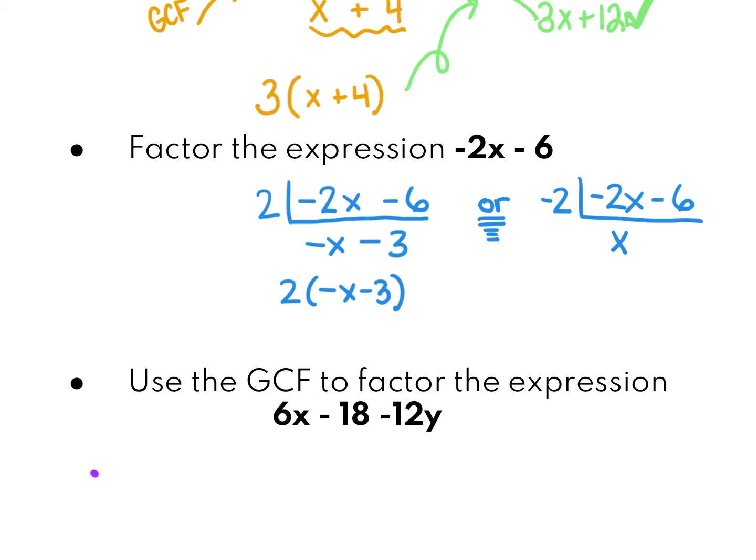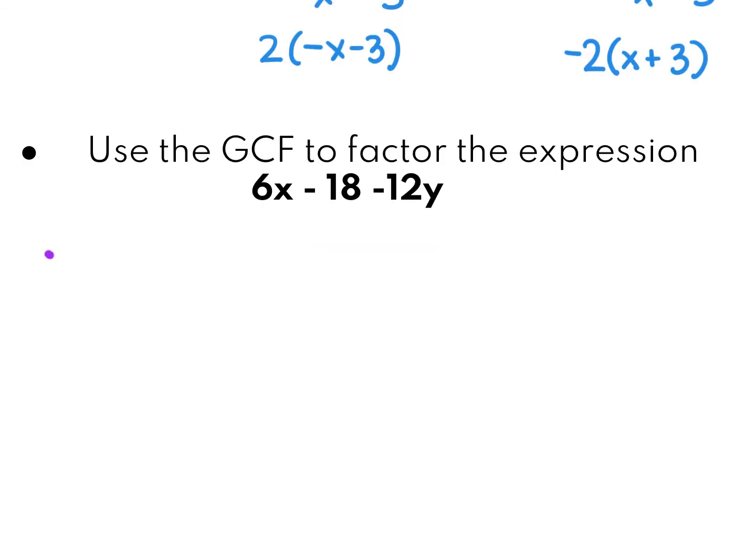And when you factor out a negative 2 from this negative 6, you get a positive 3. So my other factored expression, they're both correct, would be this. And again, you can use the distributive property to check both of these to make sure it goes back to negative 2x minus 6.